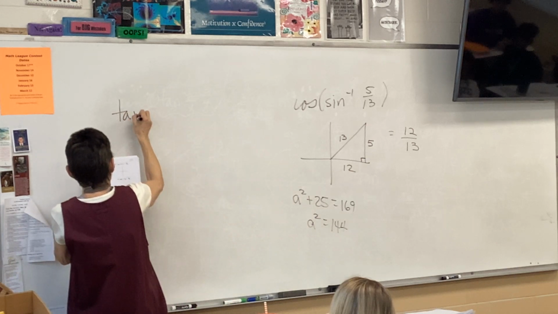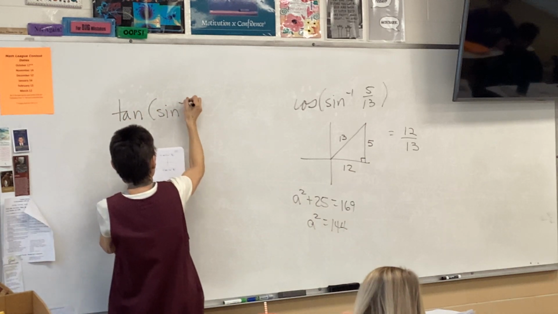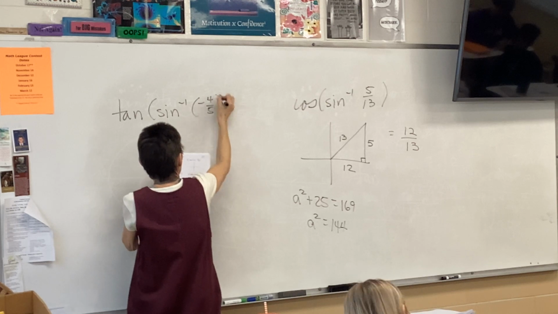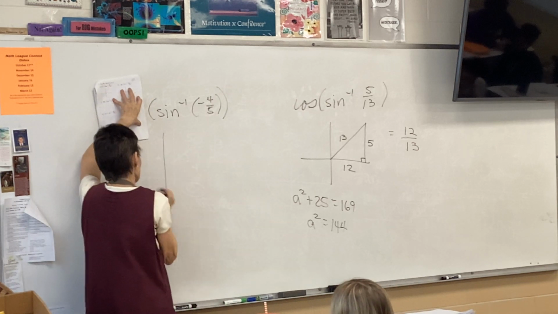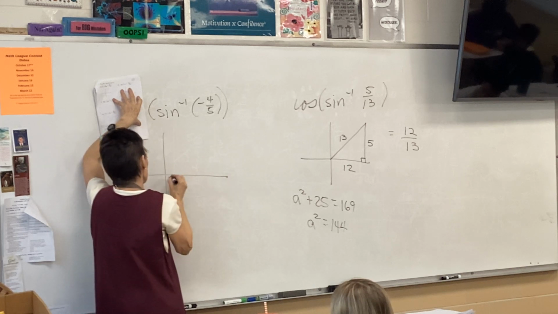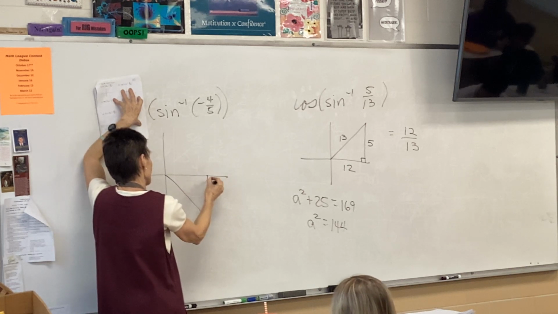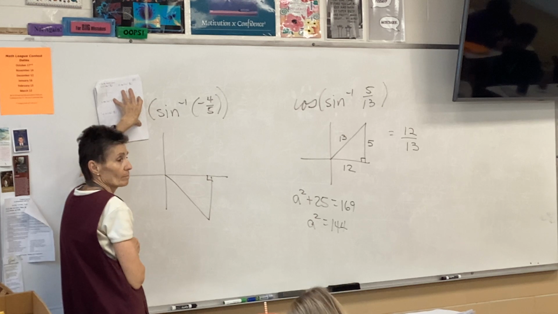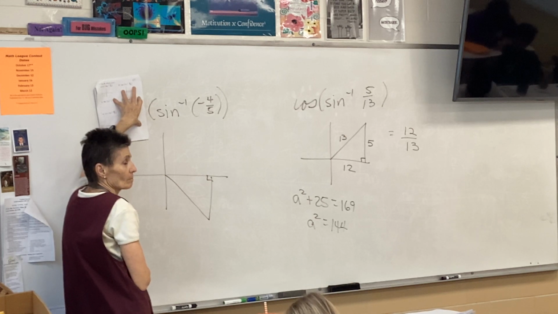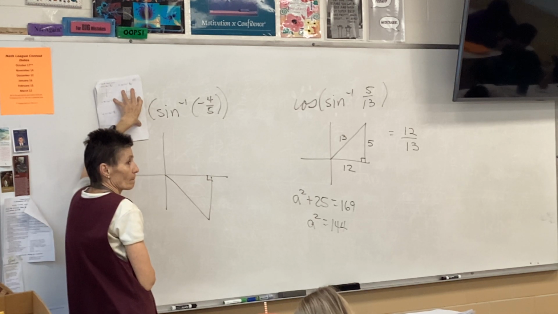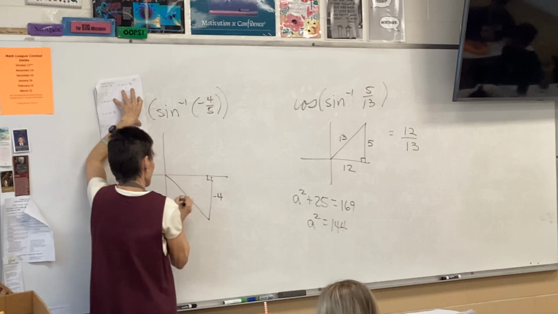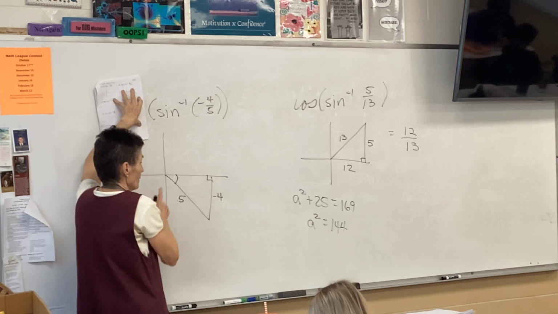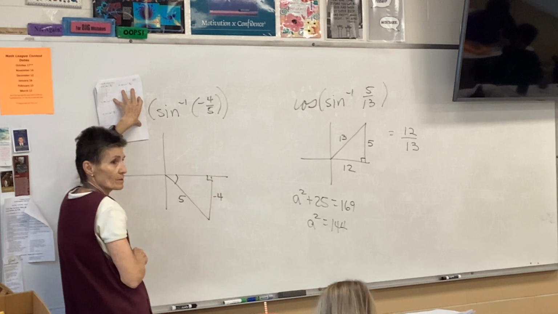Okay. Now, the next one, we have a problem. What's the problem? Remember, we're doing the parentheses. It's negative. It's a negative, so Ms. Ford has to tell you we're in quadrant 4. And the sine is negative 4/5. Remember, that's your angle. So opposite over hypotenuse.